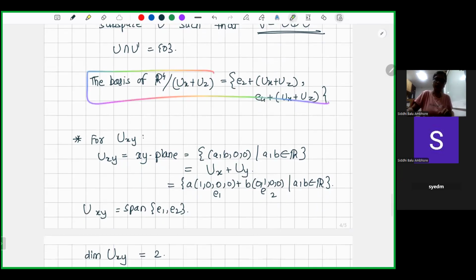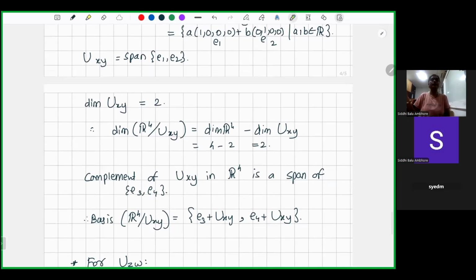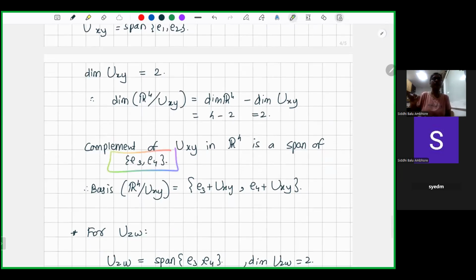So when we have to talk about the basis of a quotient, what we do is we first find the basis of a given subspace, take the complement of that subspace, the vector space complement, and whatever the basis of that complement is, the corresponding cosets will give me the basis for the quotient.